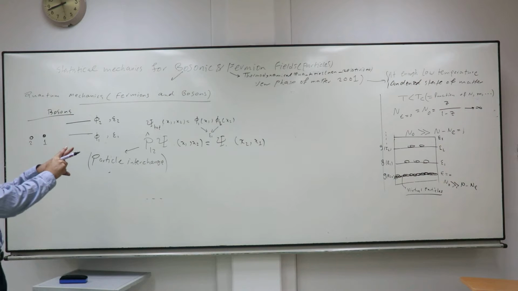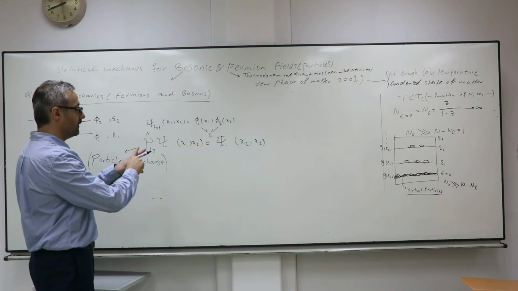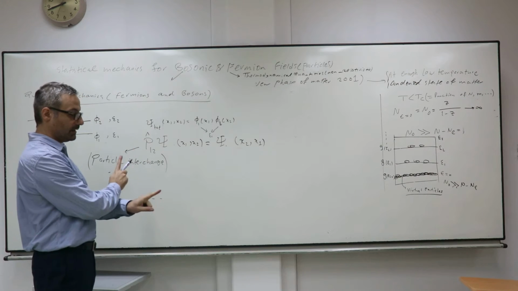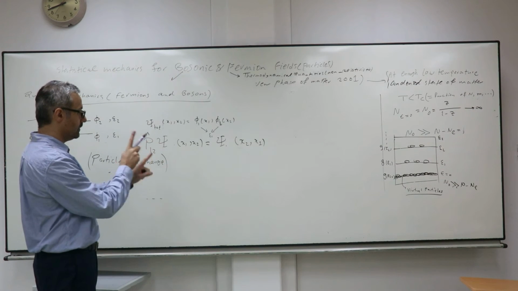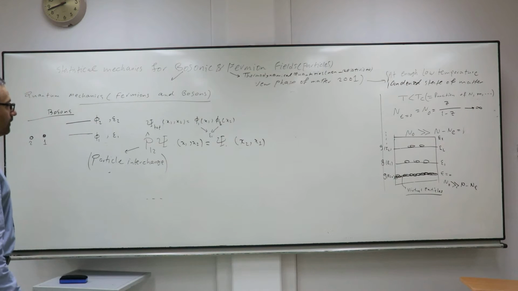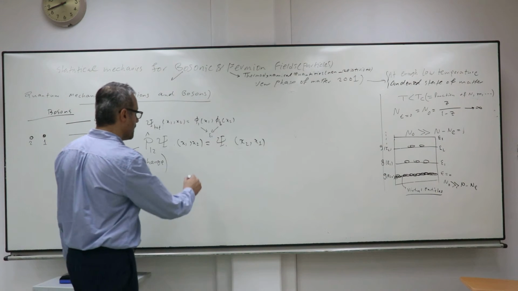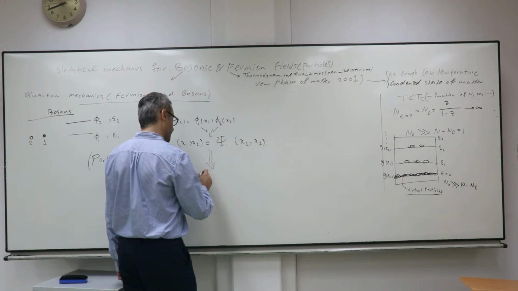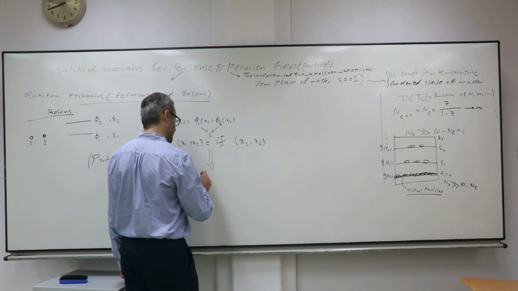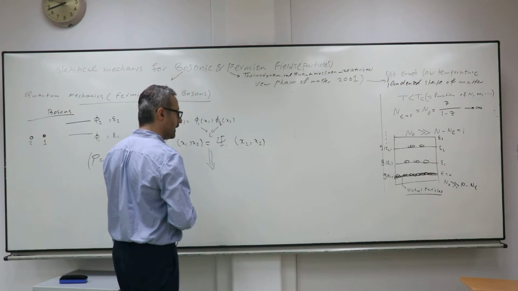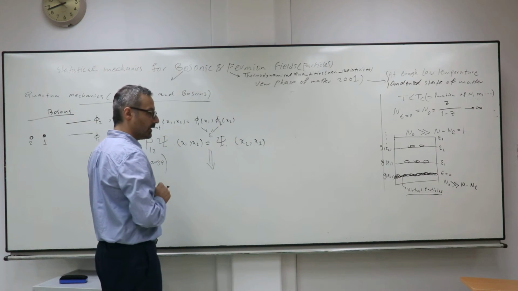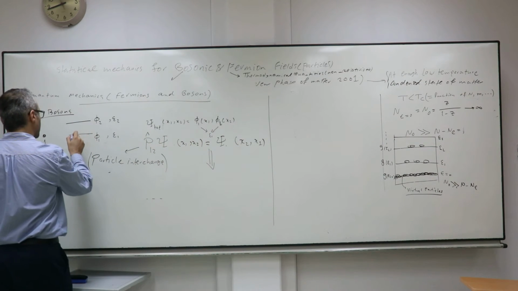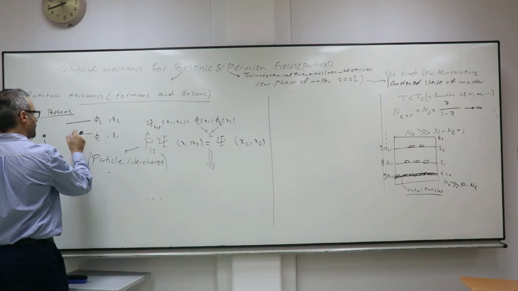Bosons are not distinguished, they have the same label, so they can be exchanged with each other. As a result, they can both sit in the energy state E1 without any problem, and nothing happens.